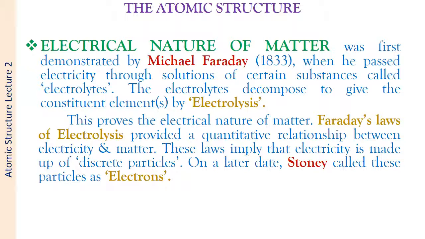It was first explained by Michael Faraday when he passed electricity through solutions of certain substances called electrolytes. When electricity passes through them, they decompose to give the constituent elements by a process called electrolysis. So the phenomenon of the decomposition of an electrolyte with the help of electricity is known as electrolysis.